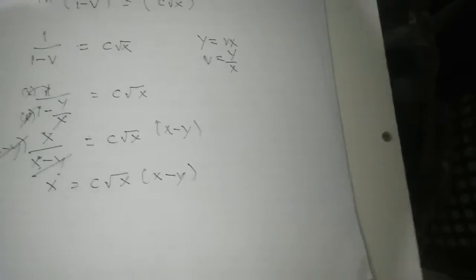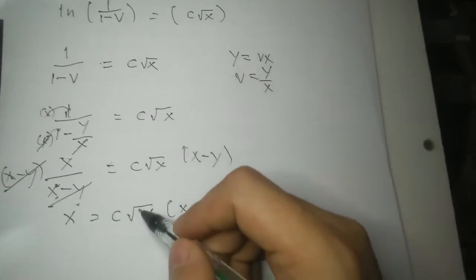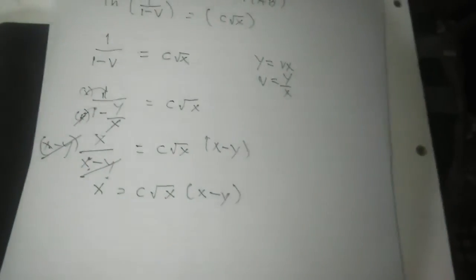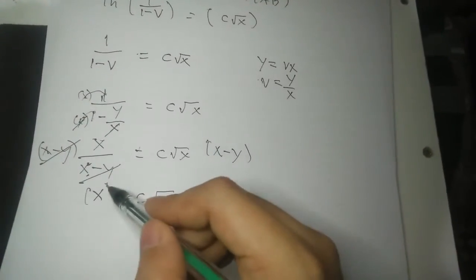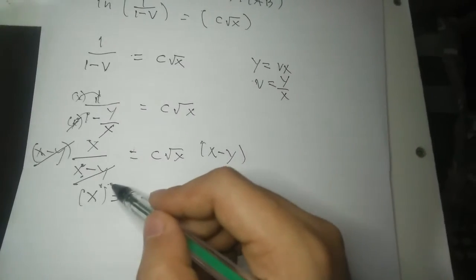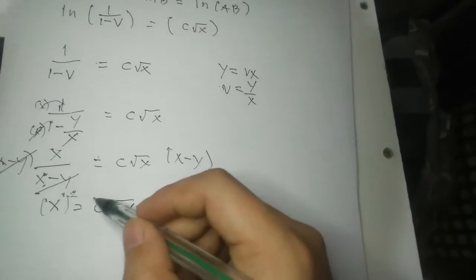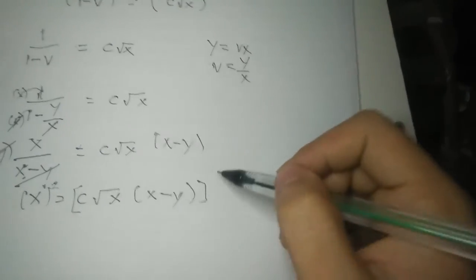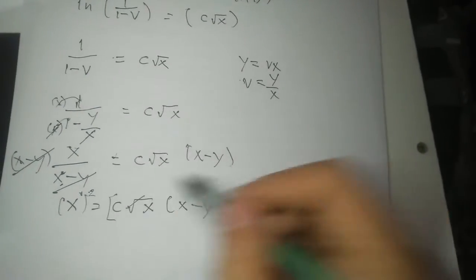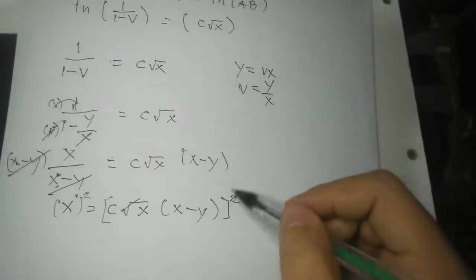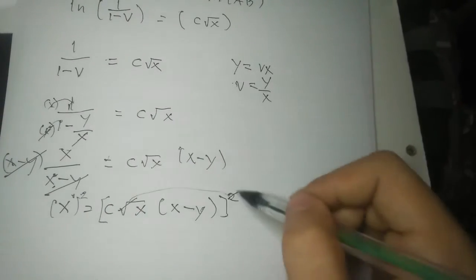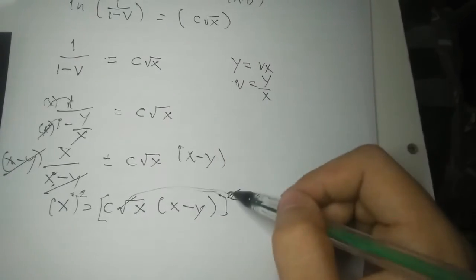So now we will cancel the square root of x. To do that, we'll just raise both sides to the exponent of 2. So this will be cancelled, and we distribute, then this will be cancelled.